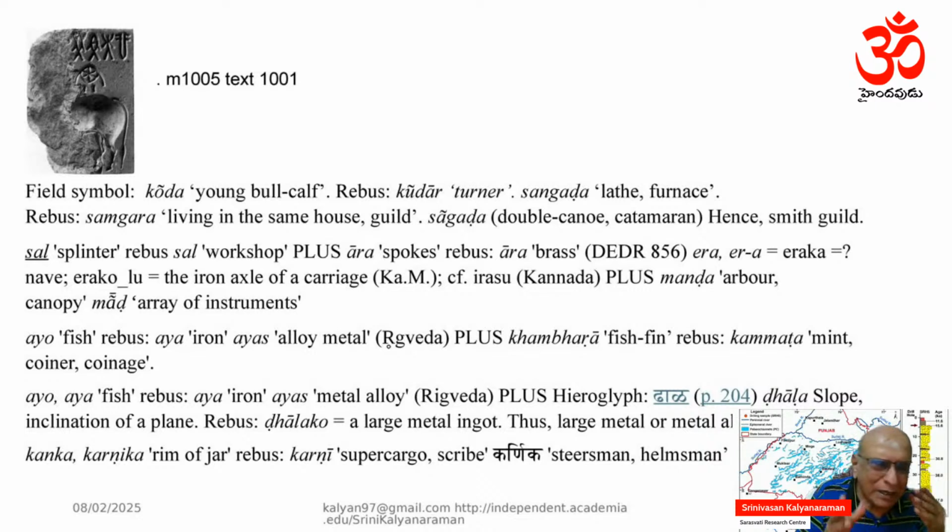So now we can read the context in which this text script accompanies the field symbol. And again it's repeated. Let me repeat again. You cannot read the inscription in isolation without reading the text script and the field symbol together. Then only is the inscription reading complete. Then only is the decipherment complete. That's what I attempted for the seal M1005 with the text script of 1001 listed in the Mahadevan concordance.